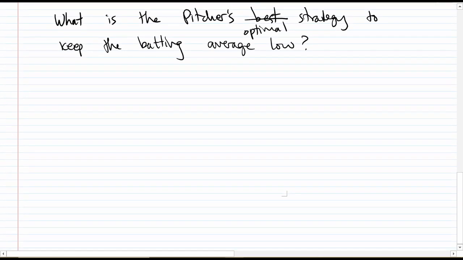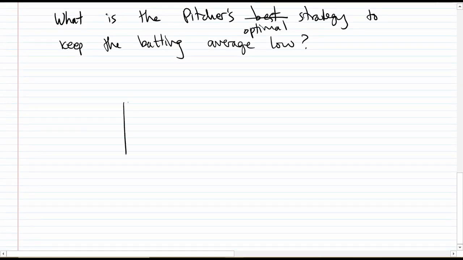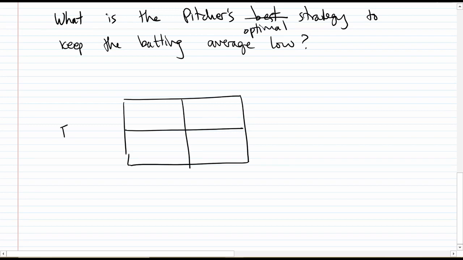Okay, so let's redraw the game matrix. Fastball, curveball, fastball, curveball. Remember, this is the batter here. I'm going to write these in just because it'll help us not be confused later. The pitcher is just choosing between these two columns.